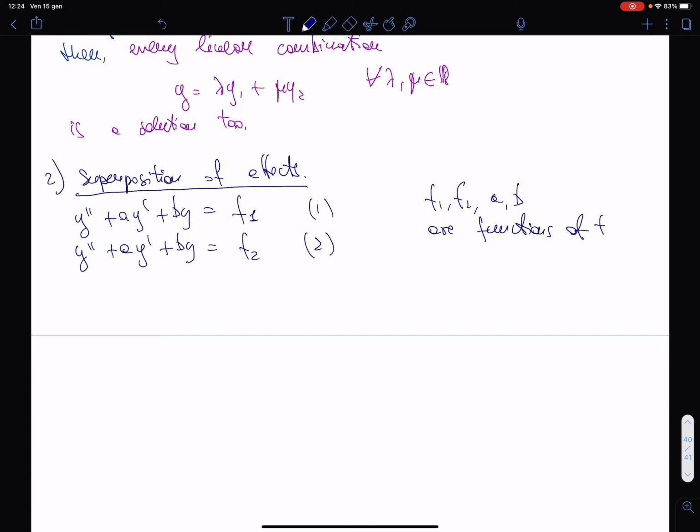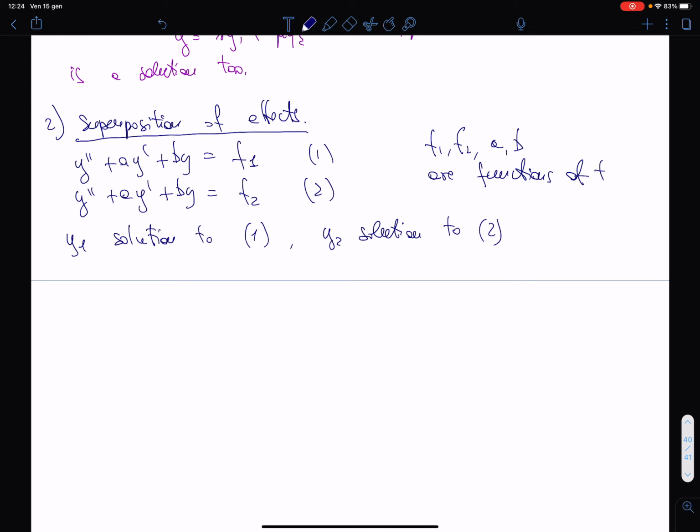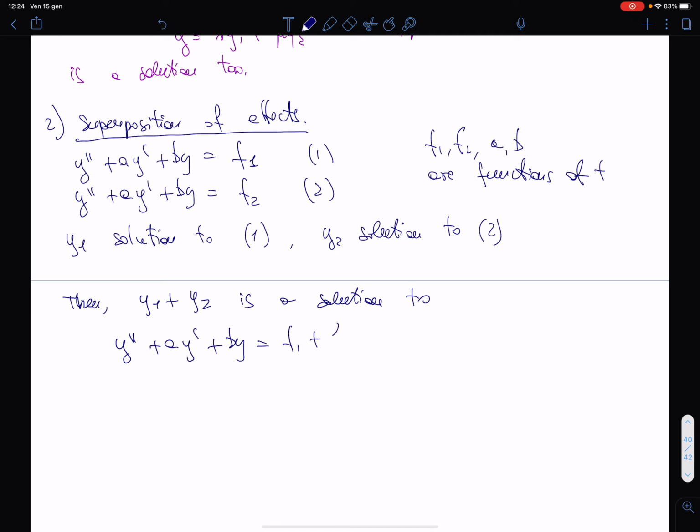Then, if y1 is a solution to 1, and y2 is a solution to 2, then y1 plus y2 is a solution to y second plus a y prime plus b y is equal to f1 plus f2.